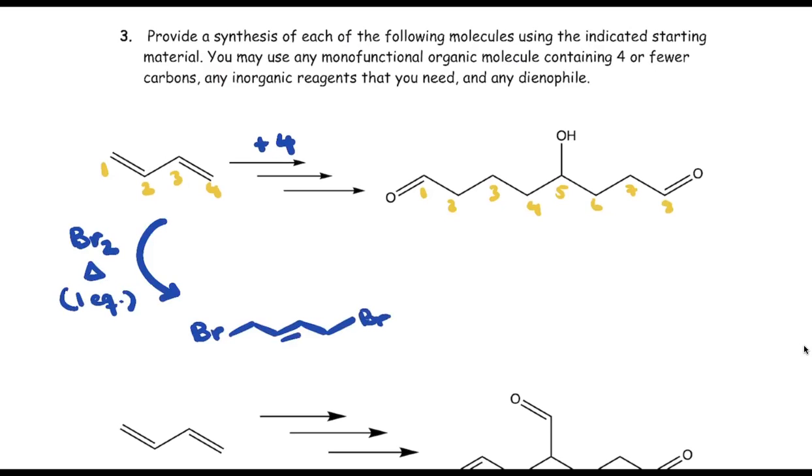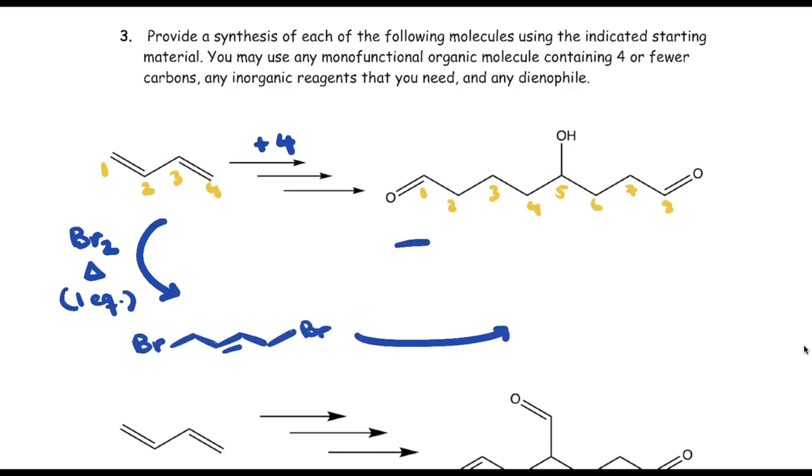So I would end up with this dibromide. And then afterwards, this would probably be the step where I'd want to add in my 4 extra carbons. So I could do that by taking acetylide. Remember, that's always a nice source of 2 carbons, as usual. 2 equivalents, NaNH2, NH3. Form your acetylide ion.